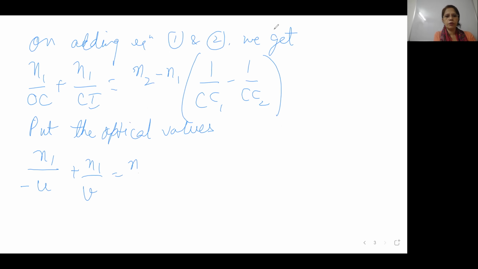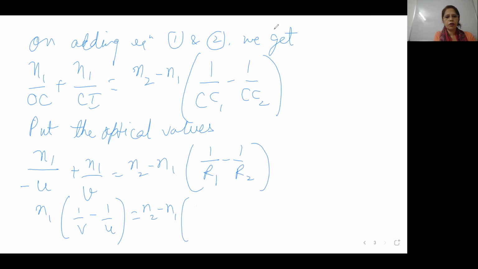This is your N2 minus N1, and 1 upon CC1 is R1 and this is R2. So again, N1 common: 1 upon V minus 1 upon U equals N2 minus N1, 1 upon R1 minus 1 upon R2.